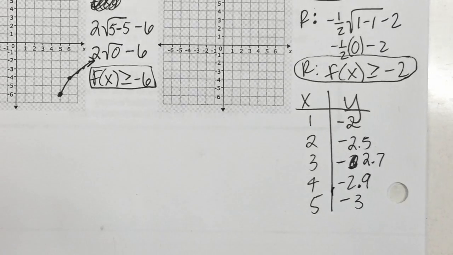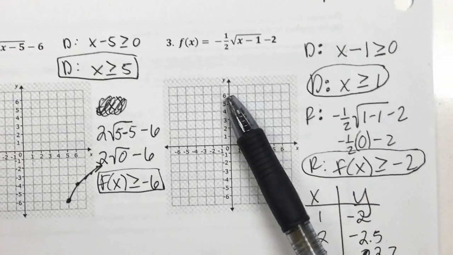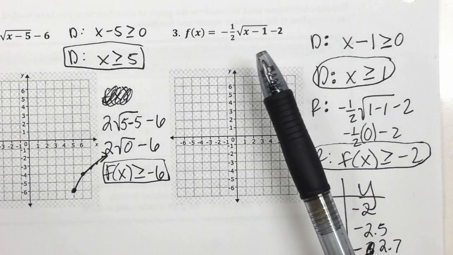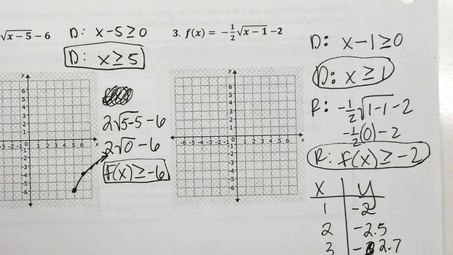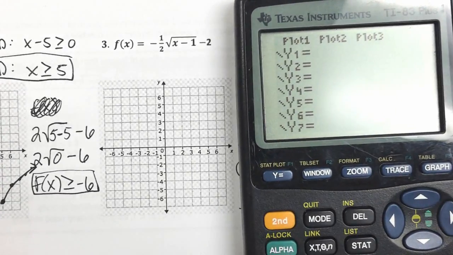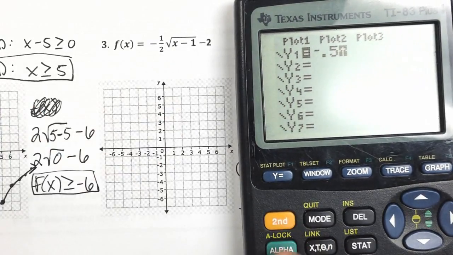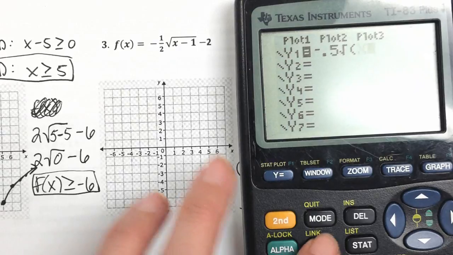He says he's cheating on his calculator, and if you have a TI 83 or 84, you can plug this in for y equals. Evelyn, you already done this one? Okay, can I see it? Oh, no, just your calculator. Okay, so if you plug this one in on your calculator, you can do negative 0.5, because that's the same thing as 1/2. Square root of x minus 1.